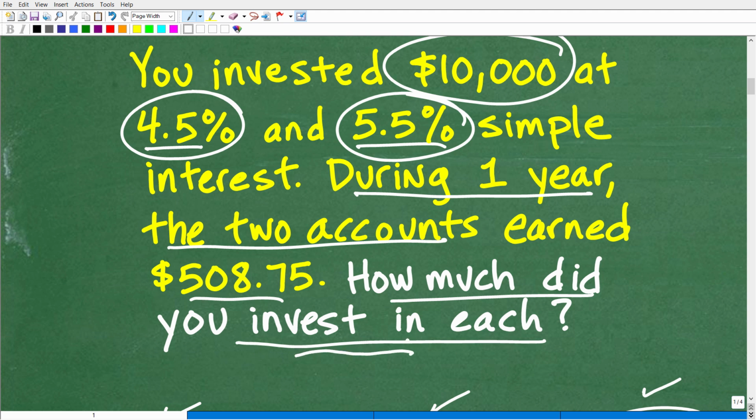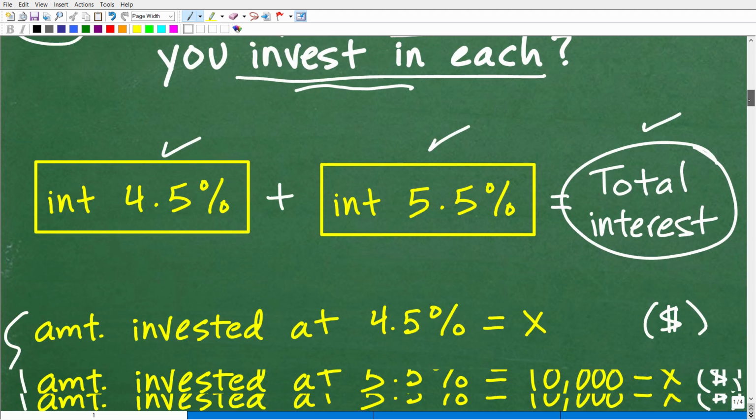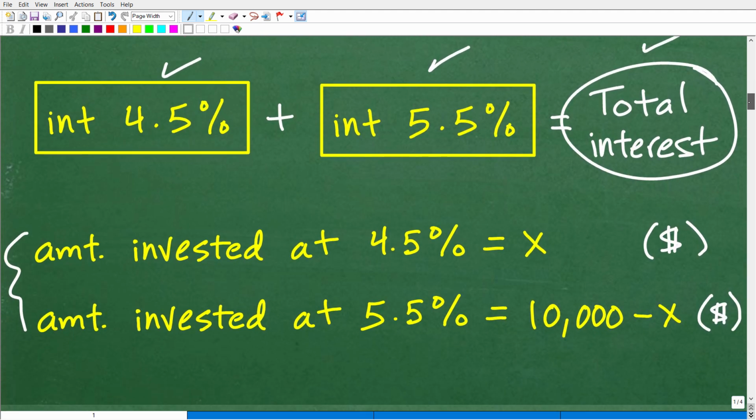So when you look at the question in a particular algebra word problem or math word problem, and you need to assign a variable, the unknown here is how much did you invest in each one of these accounts. So let's go ahead and let X represent how many dollars we invested into this account right here, 4.5%. But we'll do this in a nice defined way, and this is the way you want to do it.